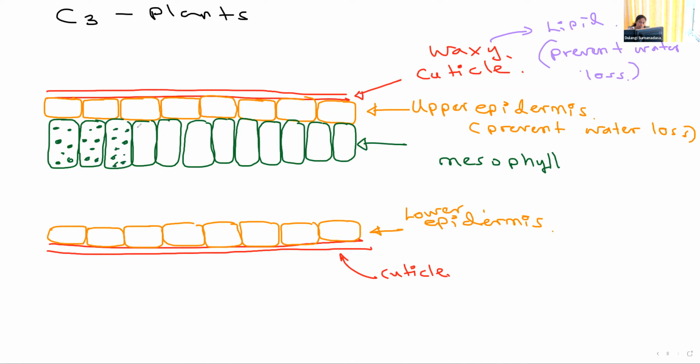We're doing the C3 plants. C3 plants are going to have the chloroplast inside the mesophyll cells. So the dots represent the chloroplasts in all the cells.